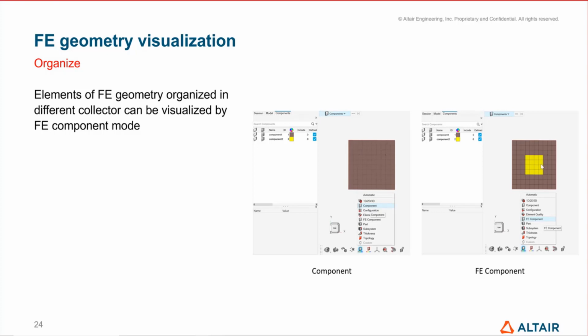In order to visualize this effect, we have a new visualization behavior called FE component. If you switch from component to FE component, then you can see the organized behavior where the elements are sitting.